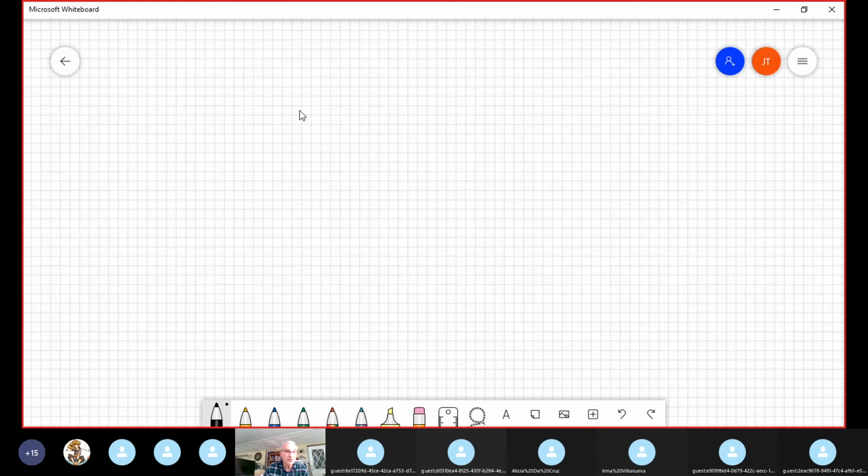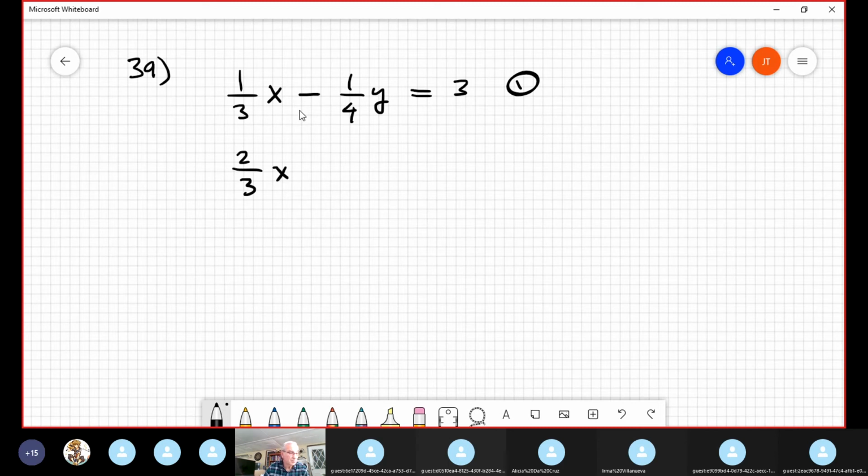Suppose example 39 is 1/3 x minus 1/4 y equal 3. And this is my equation number 1. And my equation number 2 is 2/3 x plus 1/2 y equal positive 3. Equation 2. Nobody uses the fraction.